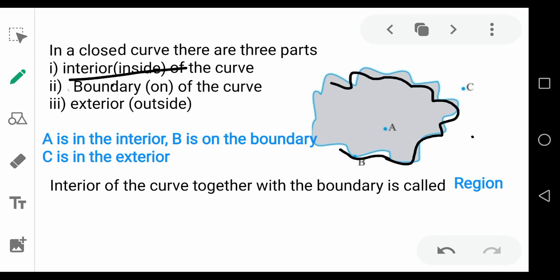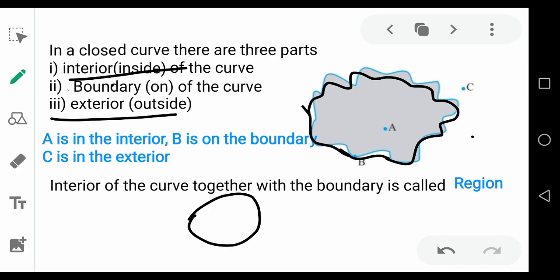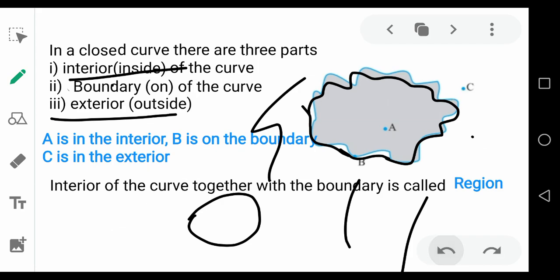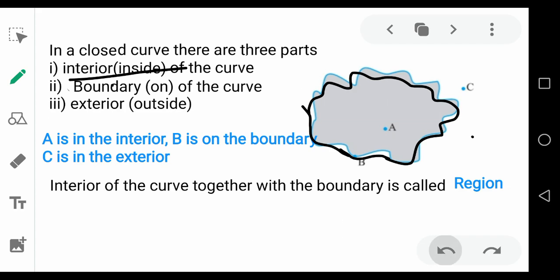This curve is called the boundary. If you're drawing a curve like this, that pencil part is called the boundary. Okay. Third part is the exterior. Exterior means outside. That means these all are exterior. These parts all are exterior. Okay. So interior, boundary and exterior of the curve. These are the 3 parts of a curve.